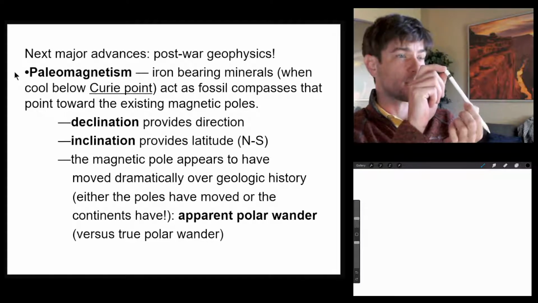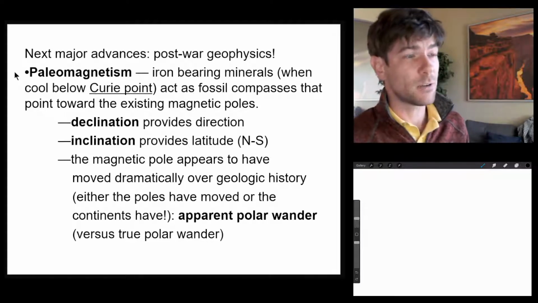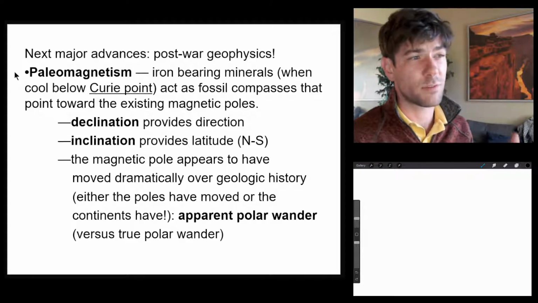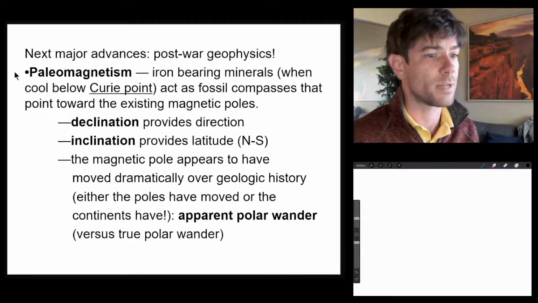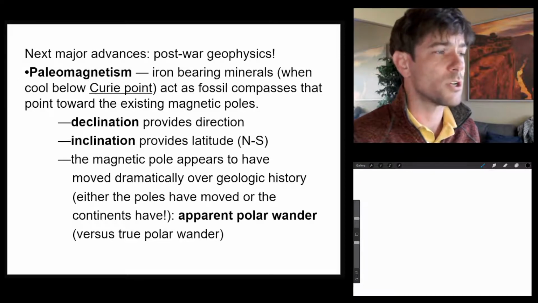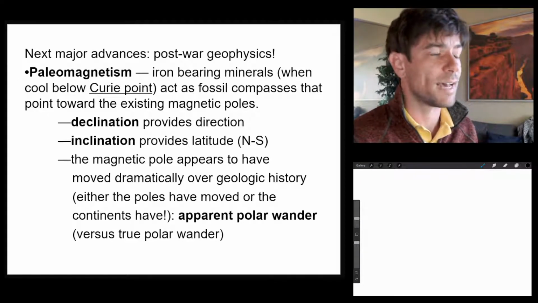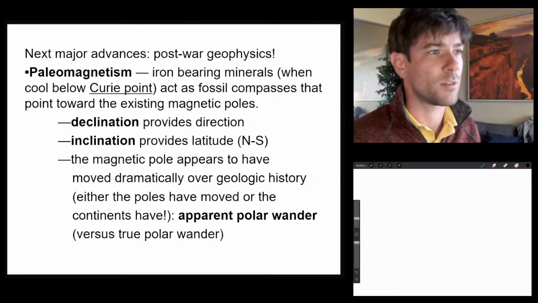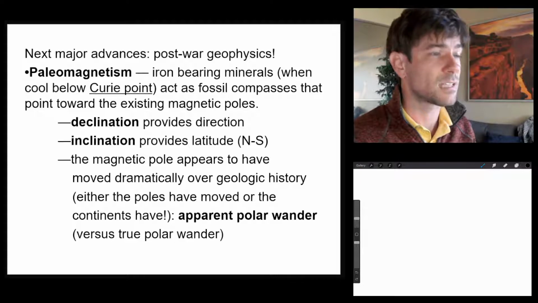And that changes as a function of the magnetic field lines, but those change as a function of where you are on the Earth's surface relative to the poles. And you'll see that in just a moment, exactly how that works. But what's important to note before we jump into that is that there are many, many minerals on the Earth's surface that contain lots of iron.